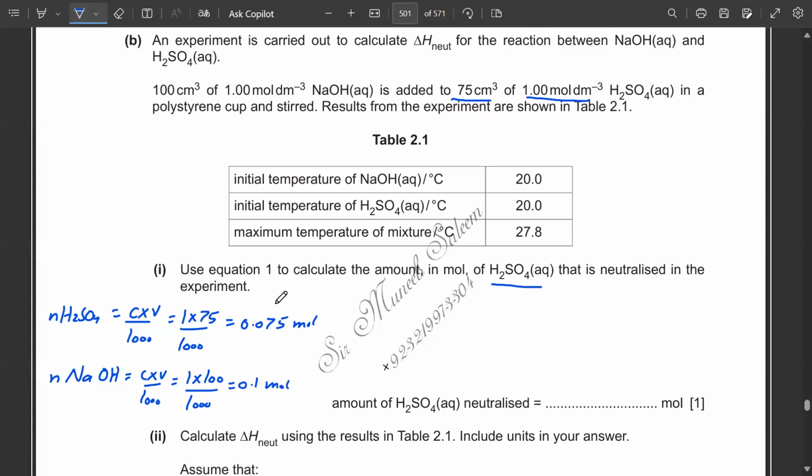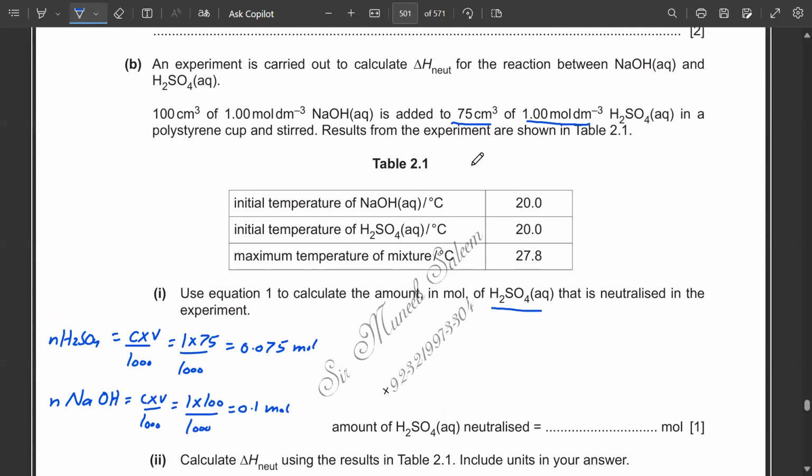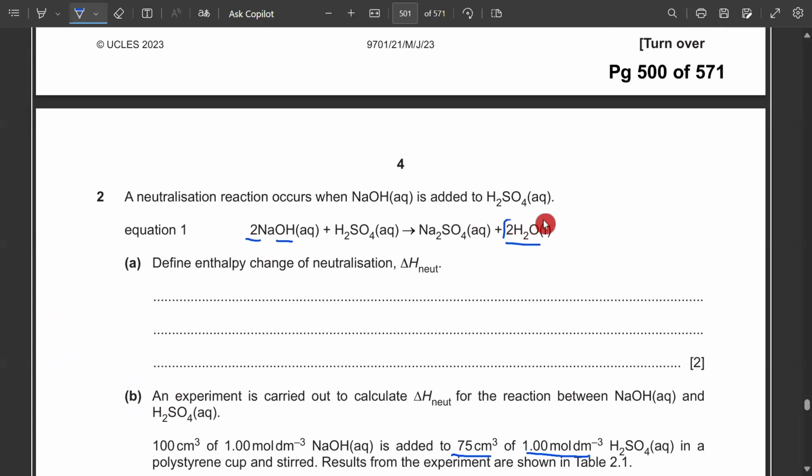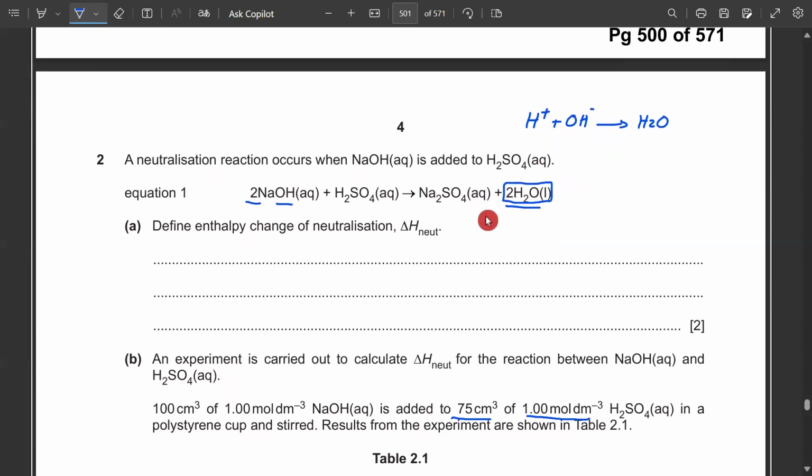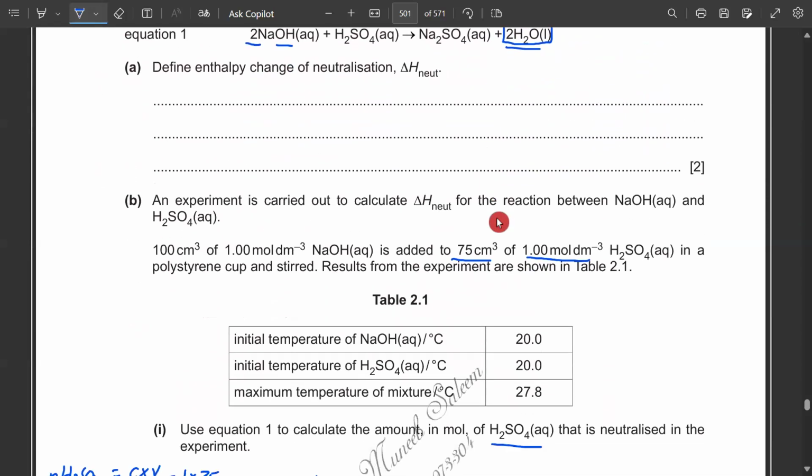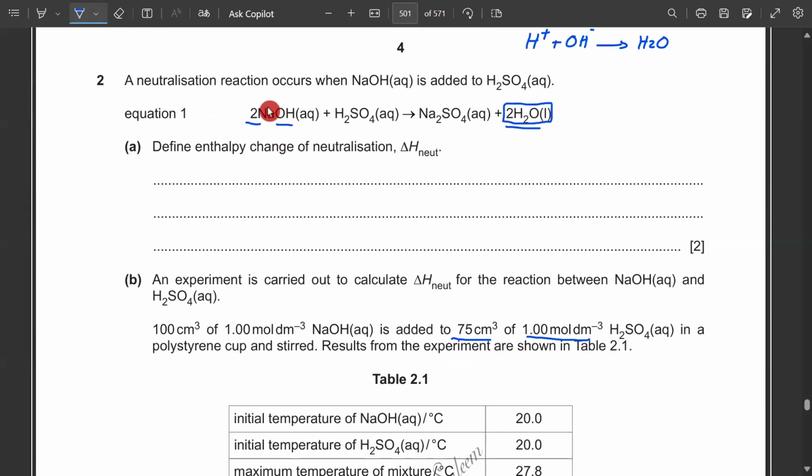In case of enthalpy of reaction, the values obtained from these calculations do not fully express the limiting reactant or excess reactant. Instead, you have to compare with the water formation, because water is basically formed by the reaction of an acid with a base, which means I need to see which of these two is the limiting reactant by comparing with the water. So here you can see that sodium hydroxide is present in an equal amount with the water, since both are 2:2.